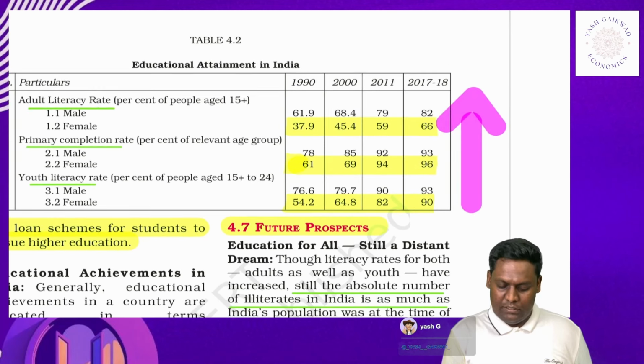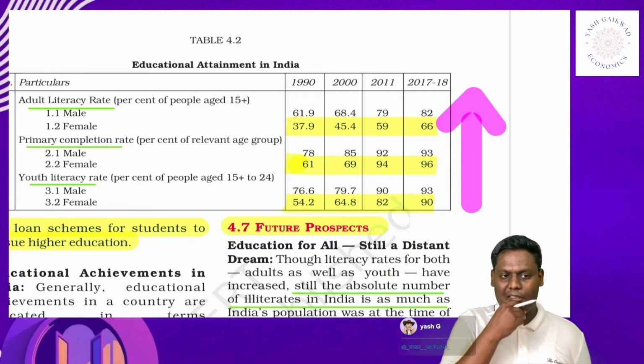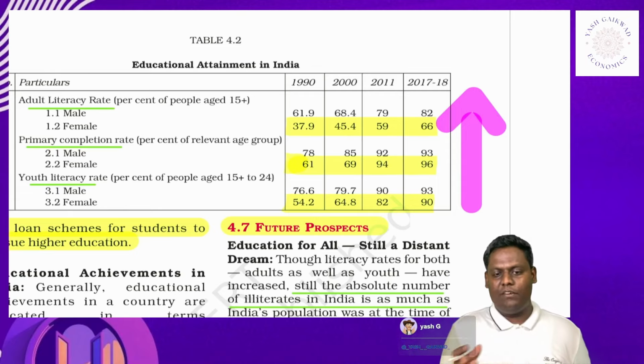As you can see, the youth literacy rate does not vary by much between the two genders. Similar is the case with primary education completion, but an area where we need to work is higher education.